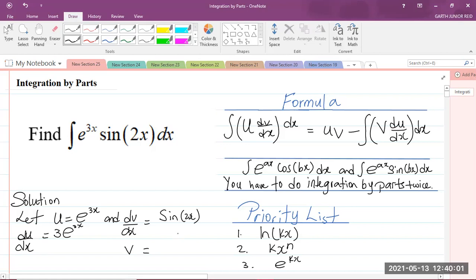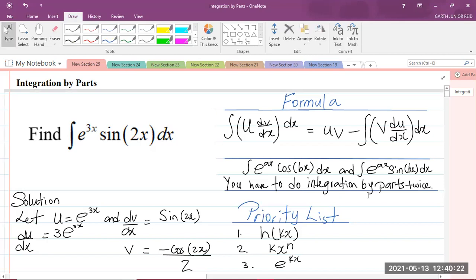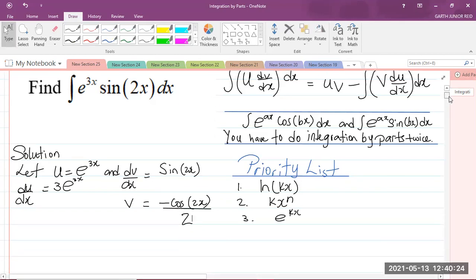Now, the integral of sine is a minus cos of the same angle. However, remember that we also have to divide by the derivative of the angle. When you differentiate 2x, you get 2. So that is what we'll be working with. So let us now get into the question.